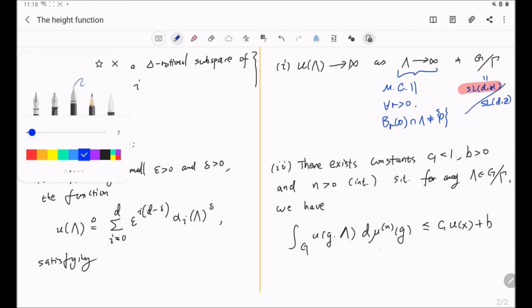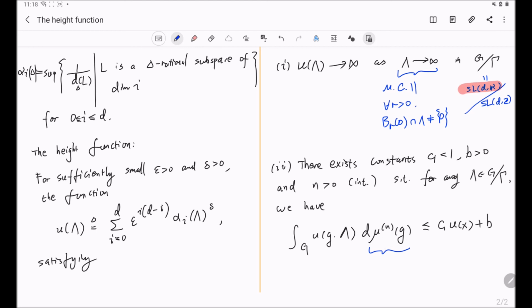And by the nth convolution, I mean this is a measure defined by the integration of the indicator function of A with g1 through gn, d mu g1 through d mu gn.